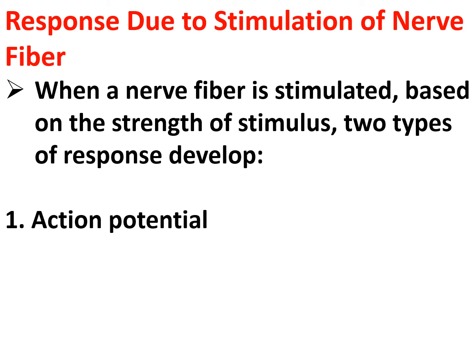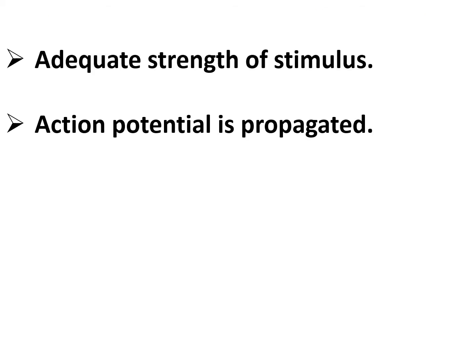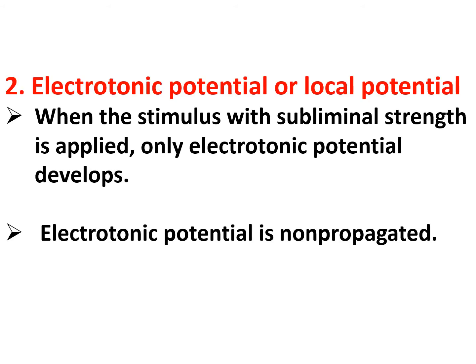So when we give a stimulus with adequate strength, the excitable tissue gives a response. The adequate strength of stimulus necessary for producing the action potential in a nerve fiber is known as threshold or minimal stimulus, and the action potential is propagated.